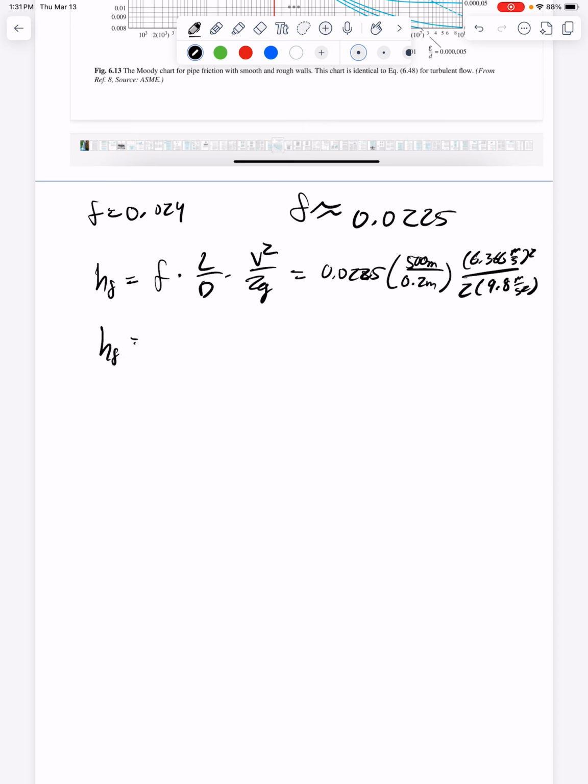This gives me a head loss of 117 meters. So that's part A, finding head loss via the flow chart. Now part B, I want to find the pressure difference which drives the flow of this pipe. And the pipe schematic looks something like this.